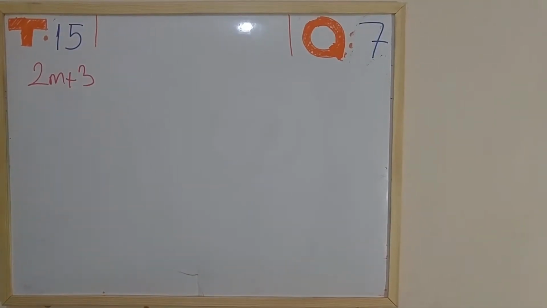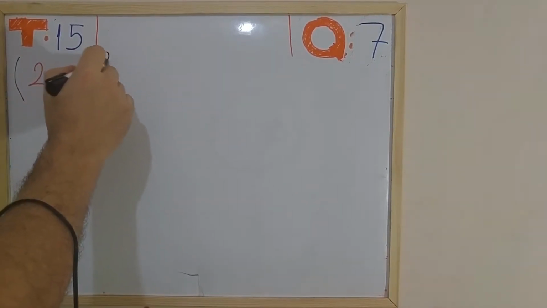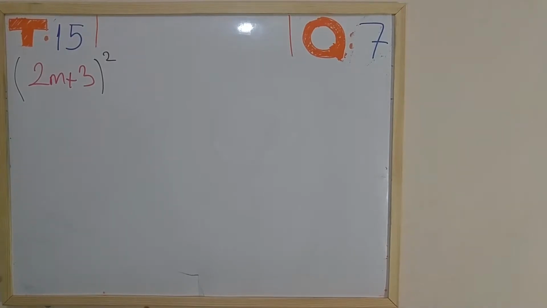Side is given as 2m plus 3, and we're supposed to find its area. As we already know, the area of a square is found by the square of one side. So we have to do it.